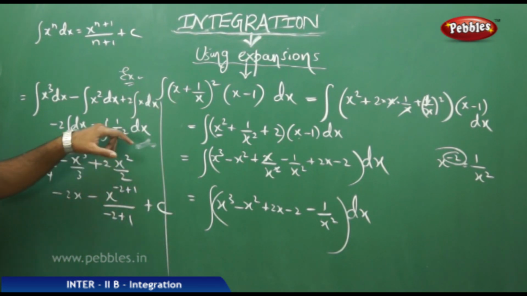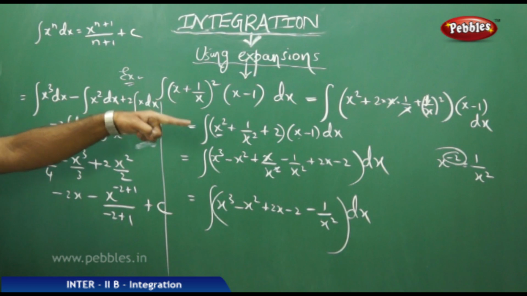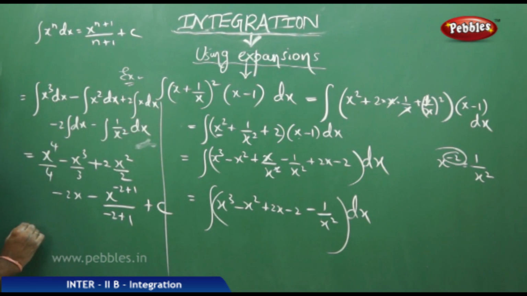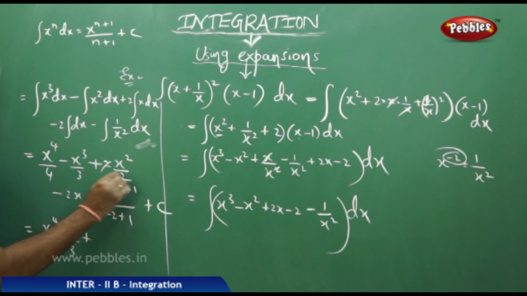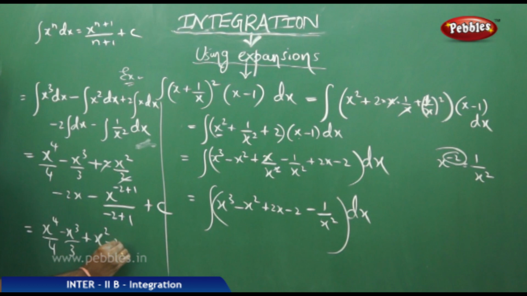Your n is minus 2 in this case. This is minus of minus, plus, of c.